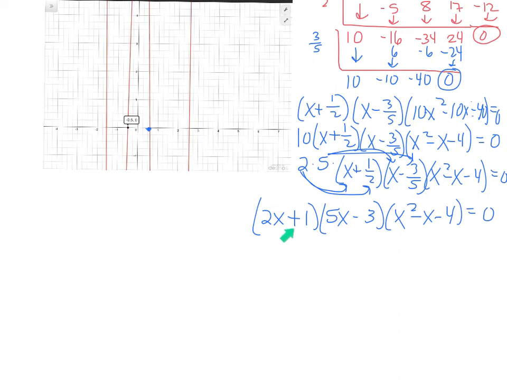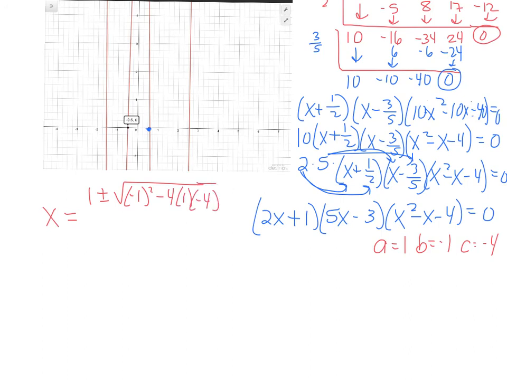If you solve this, you'd subtract the 1 and divide by 2 for negative 1/2, and if you solve this, you'd add 3 and divide by 5 for the 3/5. For the quadratic formula here, a is 1, b is negative 1, c is negative 4. So x equals the opposite of b, which would be positive 1, plus or minus the square root of the b value squared minus 4 times a times c, all divided by 2a.